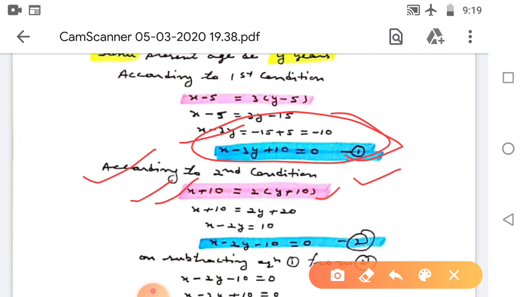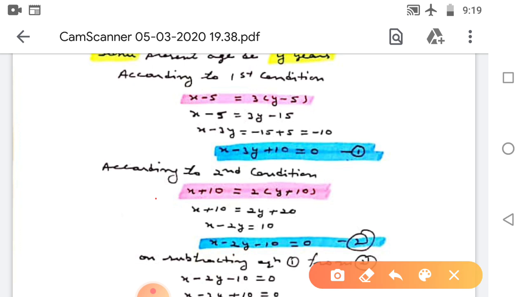So x plus 10 is equal to 2 multiplied by Sonu's age. If you multiply the age of Sonu by 2, then their age will be same. So x plus 10 is equal to 2 into y plus 10. Solve it, and equation 2 is x minus 2y minus 10 is equal to 0.